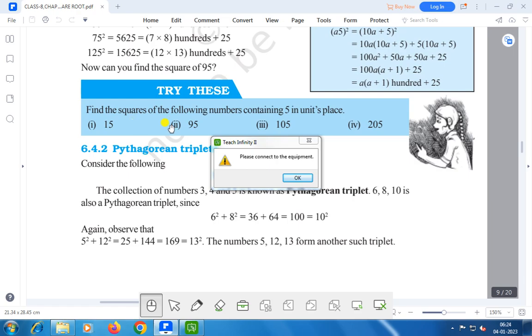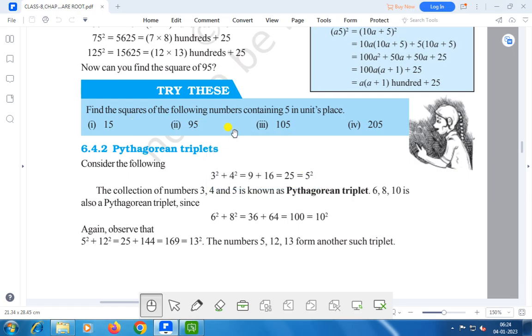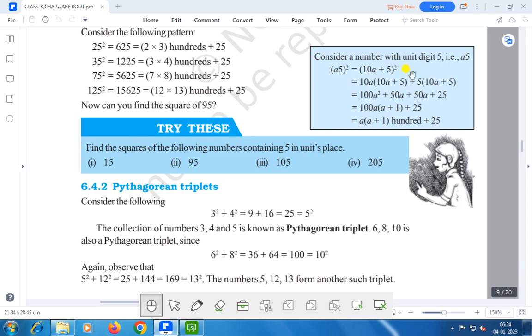Find the squares of the following numbers containing 5 in units place. We can find all these, right? Here we consider a number with unit digit 5, that is a5. a5 whole square, right, is equal to 10a plus 5 whole square, or 10a into 10a plus 5 into 10a plus 5, or 100 a square plus 50a plus 50a plus 25, or 100a into a plus 1 plus 25, or a into a plus 1 hundred plus 25.